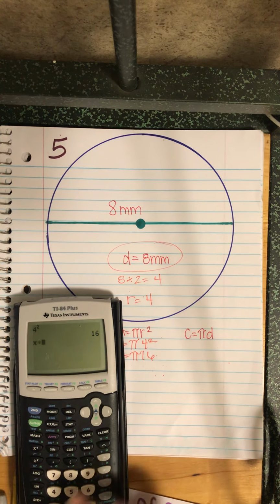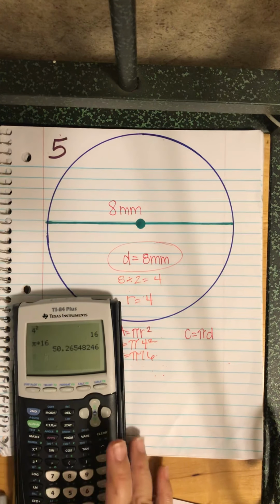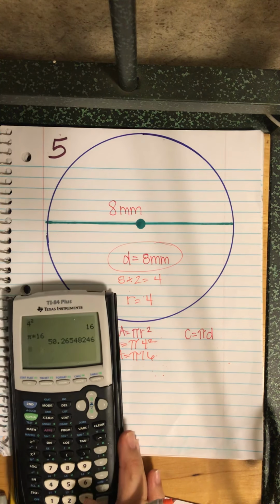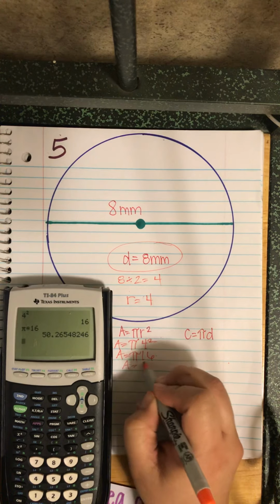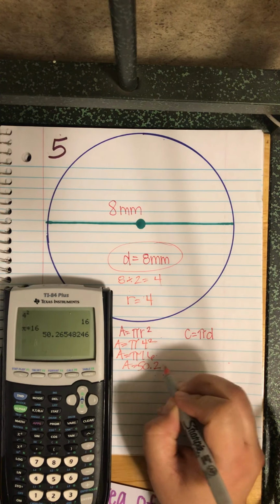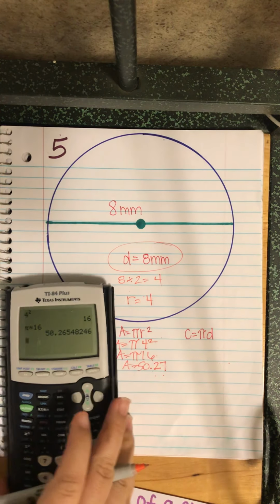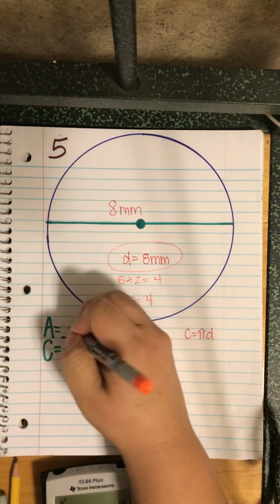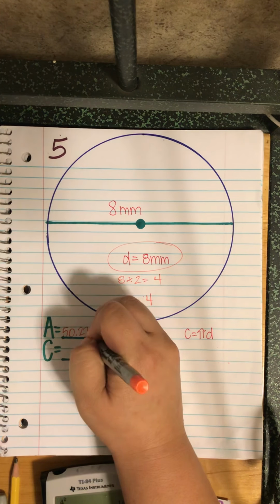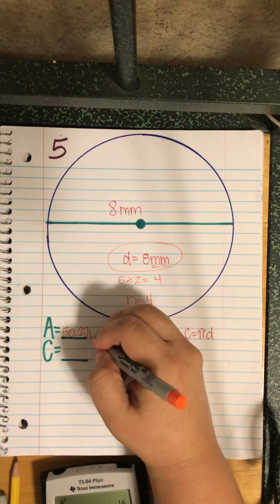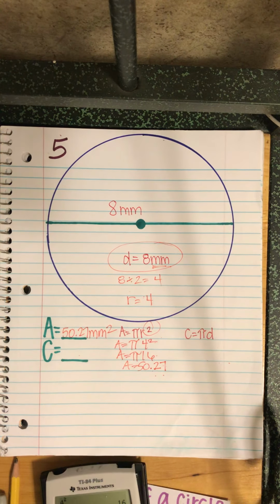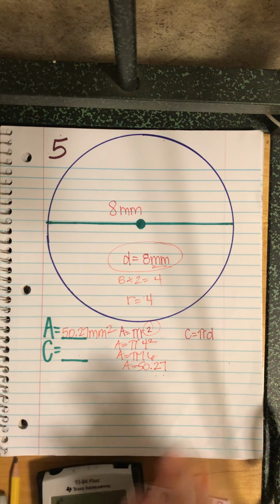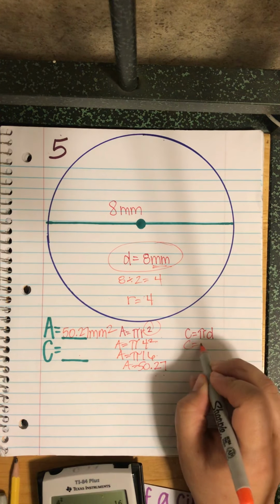Pi times 16, 50.265, round that up to area equals 50.27. We translate over here, 50.27. What are we doing? Millimeters. And what do we need? The squared.